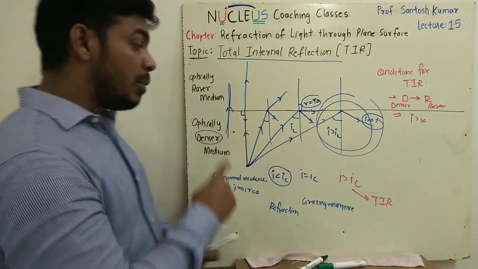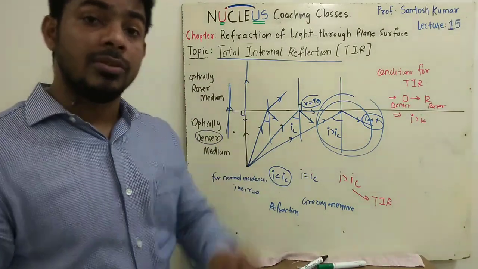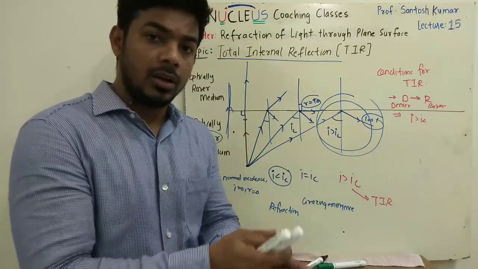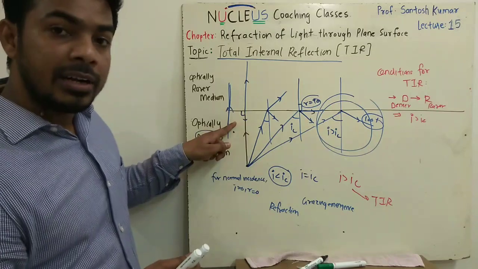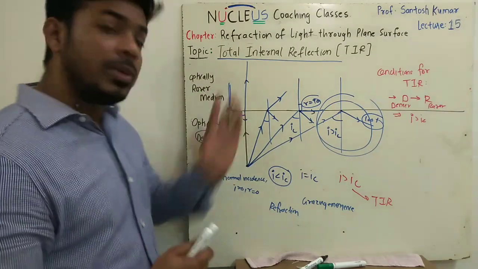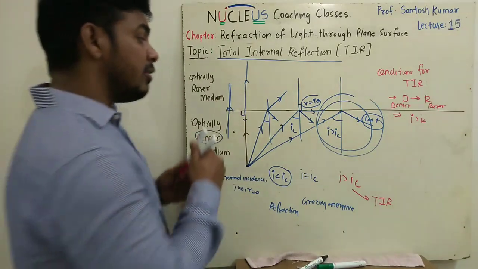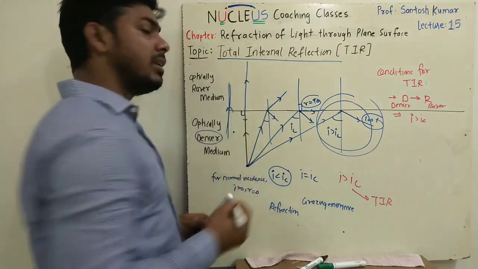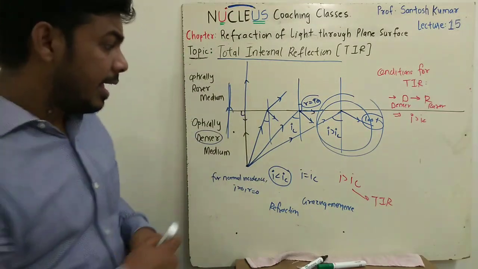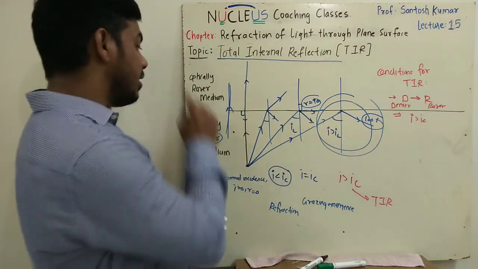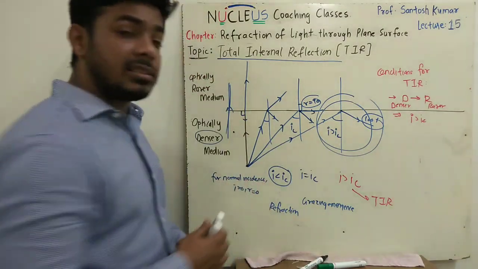So now we have to remember four cases whenever a ray of light is traveling from denser to rarer. First case, if the ray is traveling normal to the surface, then definitely there will be no deviation, no refraction. The entire ray travels undeviated. And if the angle of incidence is lesser than critical while traveling from denser to rarer, refraction takes place.